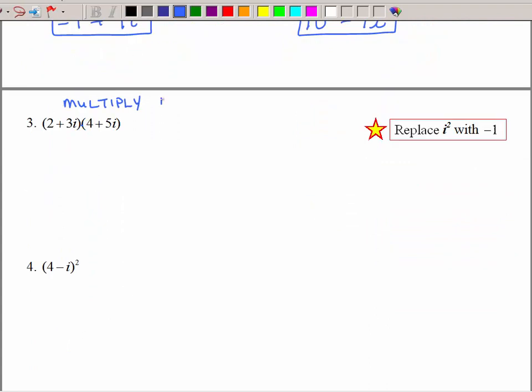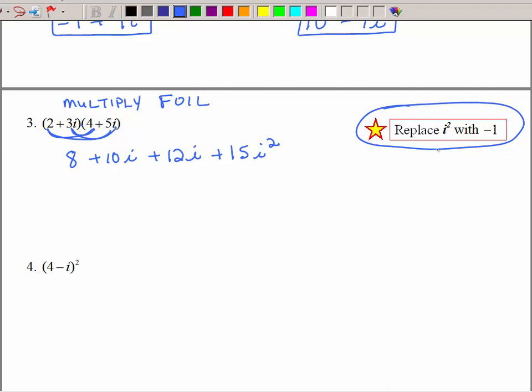So now let's go to multiplying. You would just FOIL it just like you learned a long time ago. So first, outer, inner, last. And i times i is i squared. Now, the only new part is we're going to replace i squared with negative 1, and we are also going to collect like terms. So we're going to have 8, those are alike, plus 22i.